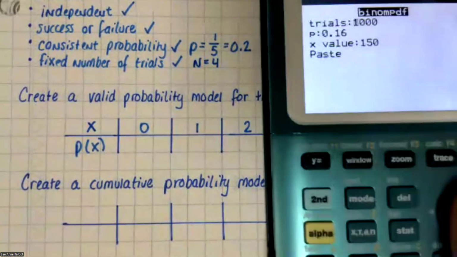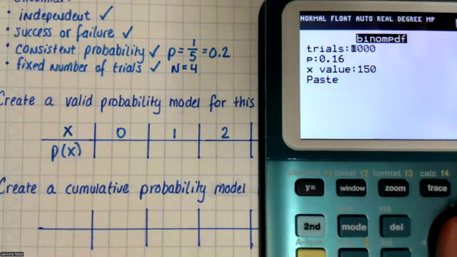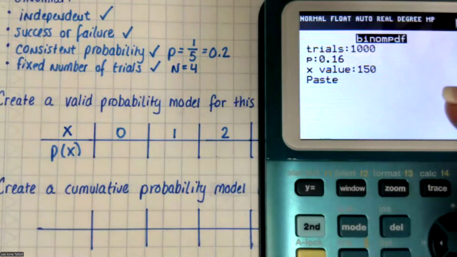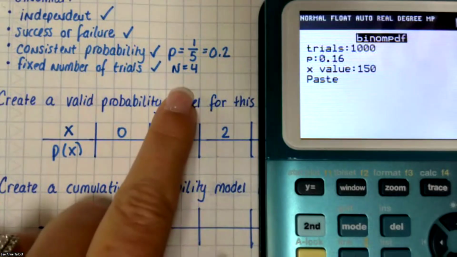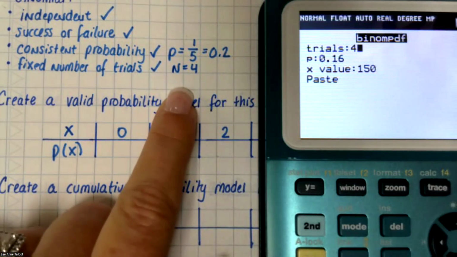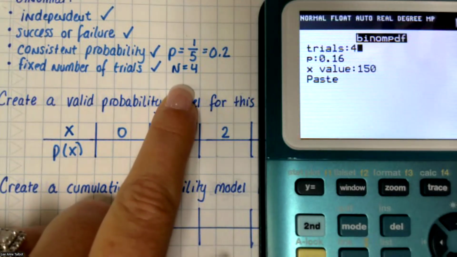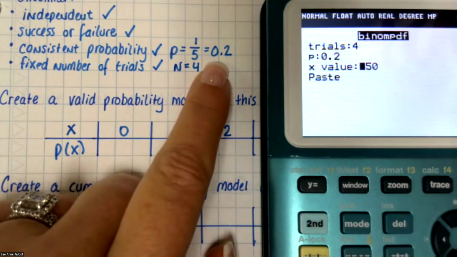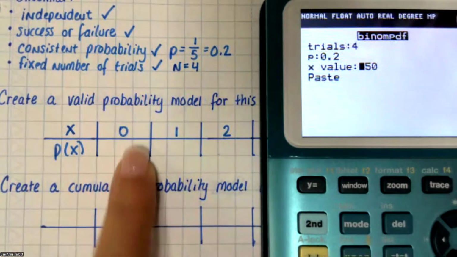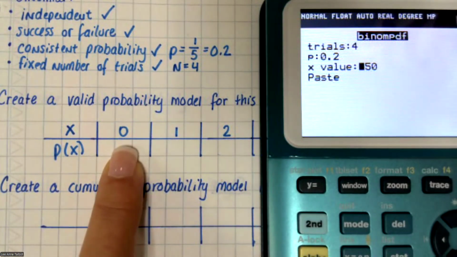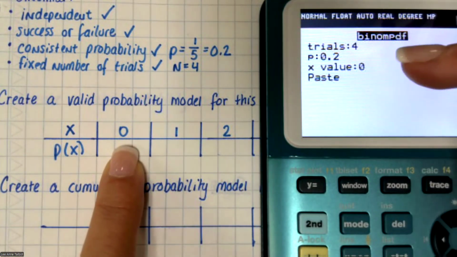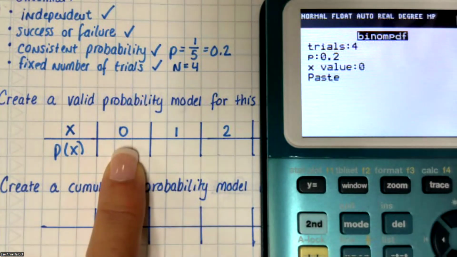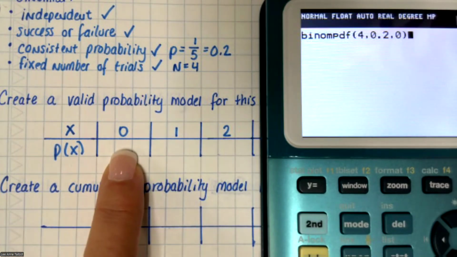But we have to change up our situation here because this is about trees, which is not what we're doing here. So the number of trials is 4 because you're doing 4 questions. The probability of getting a question correct is 0.2. And then the X value I'm looking for in this particular bit of the table is 0. So this will be the probability that I got nothing correct, which is probably high because I don't know any of the answers.